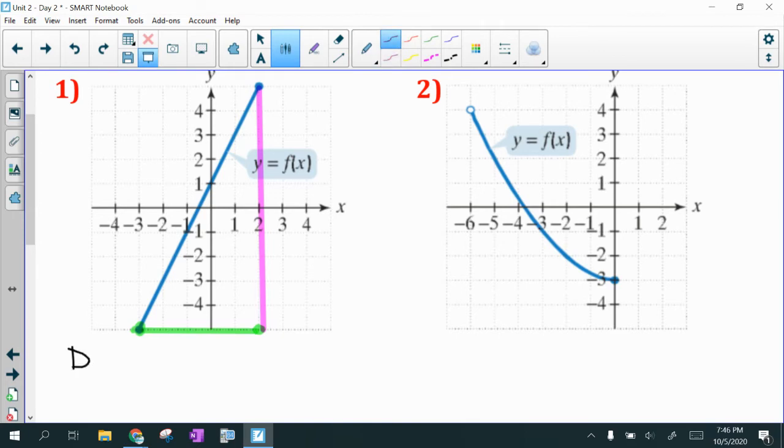My domain goes from -3, because it includes that -3, it's a closed dot, up to +2. And my range goes from -5 up to +5. Again, notice I use brackets because it includes both sides.